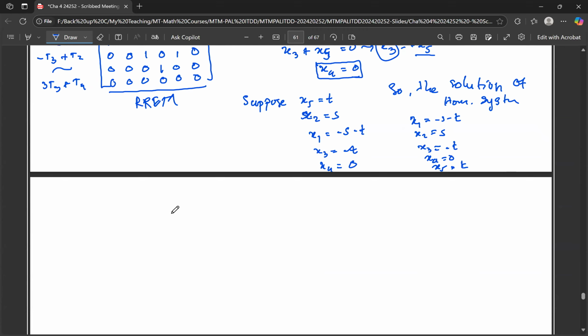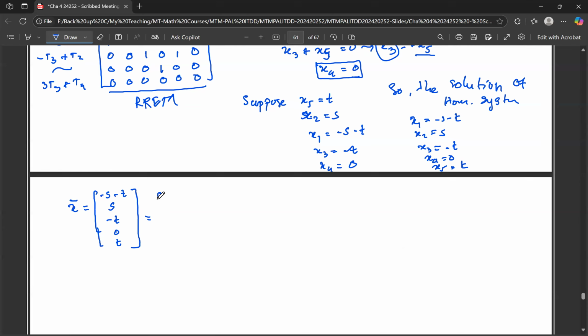Look at how we arrange the solution. We can say that x will be minus s minus t, s, minus t, 0 and t. Now we make the span based on the parameters.